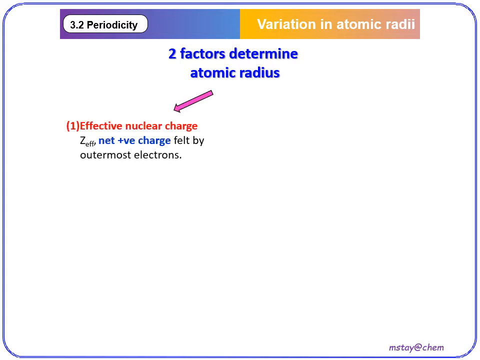The first one is effective nuclear charge. Effective nuclear charge and nuclear charge are different. What is the meaning of nuclear charge? Basically, nuclear charge is the charge of the nucleus, while effective nuclear charge is the charge that is felt by the outermost electron or valence electron.